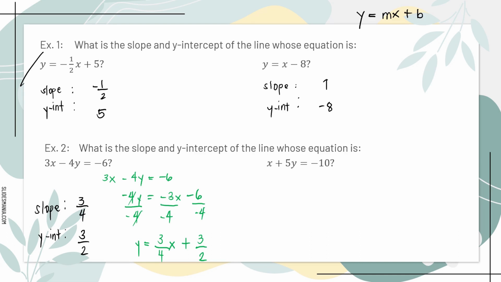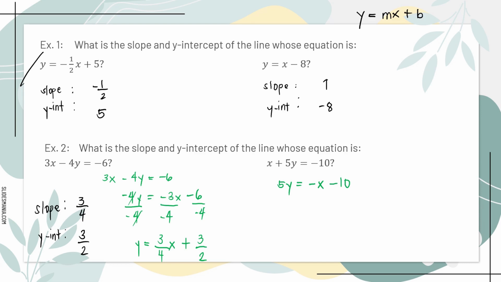Another one. Let's turn x plus 5y is equal to negative 10 into slope-intercept form. We will have 5y, separated from x, is equal to, move the positive x to the other side, this will become negative x. Copy negative 10 here.